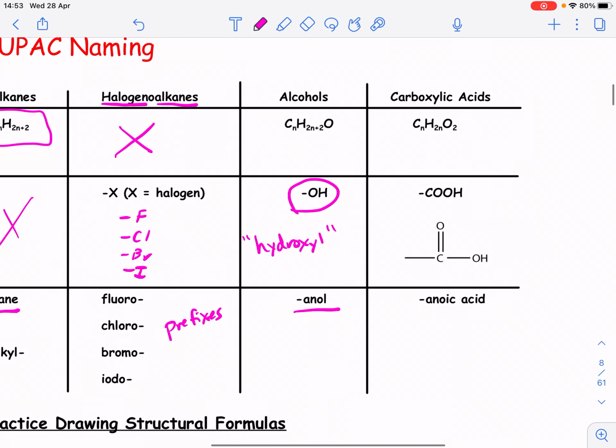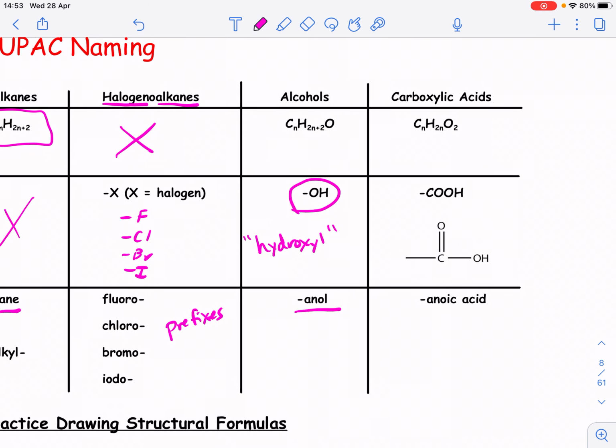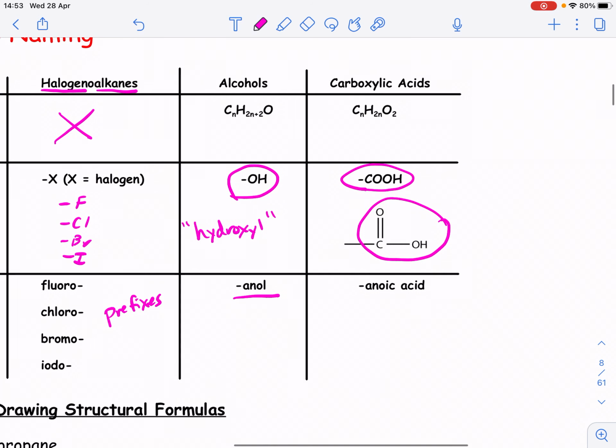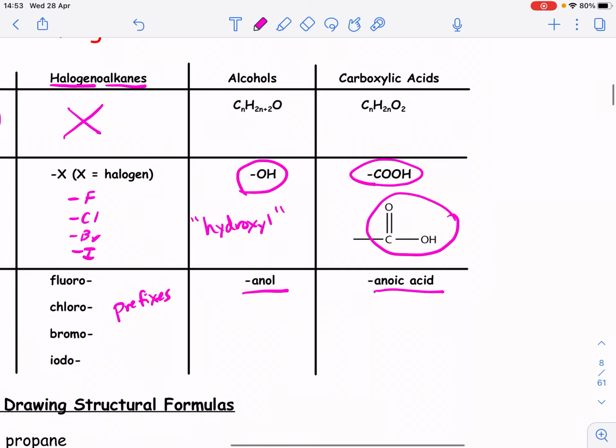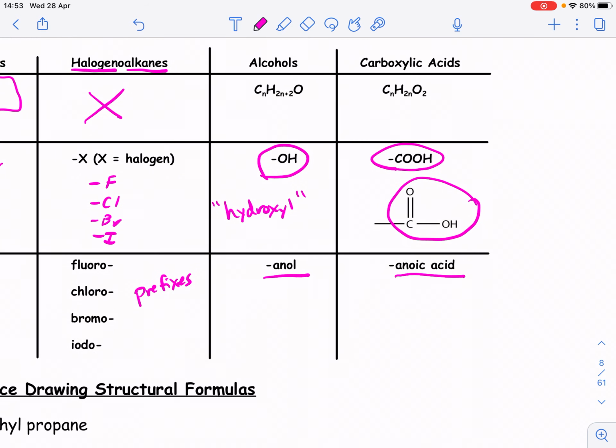Okay, now with carboxylic acids, similar idea. This is the functional group COOH, which condensed is written like this, or drawn out with the bonds is written like that. And when we name a carboxylic acid, the ending becomes anoic acid. So a 2-carbon alcohol, we said my elephant, so E is F. So a 2-carbon alcohol is F for 2 carbons, and then anol for the fact that it's an alcohol.